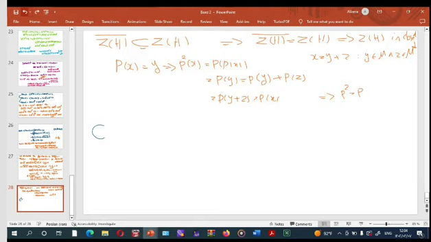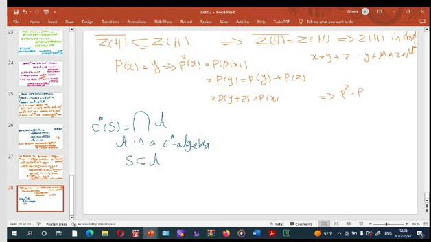Let me write: C-star of S is the intersection of all A such that A is a C-star algebra and also S is a subset of A.